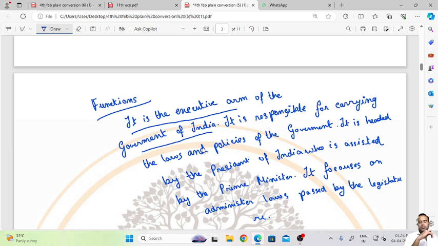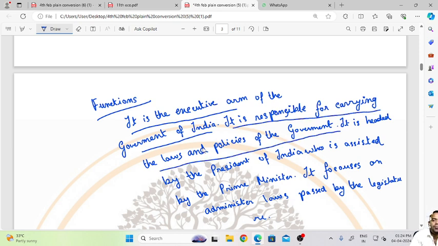So it is the executive arm of the government of India. This is how the government of India works: through the help of these ministers, the Council of Ministers. It is responsible for carrying out laws and policies of the government.